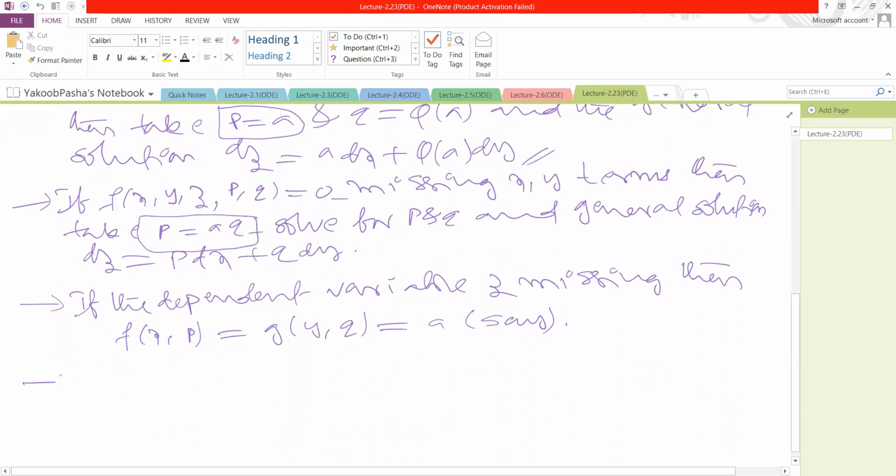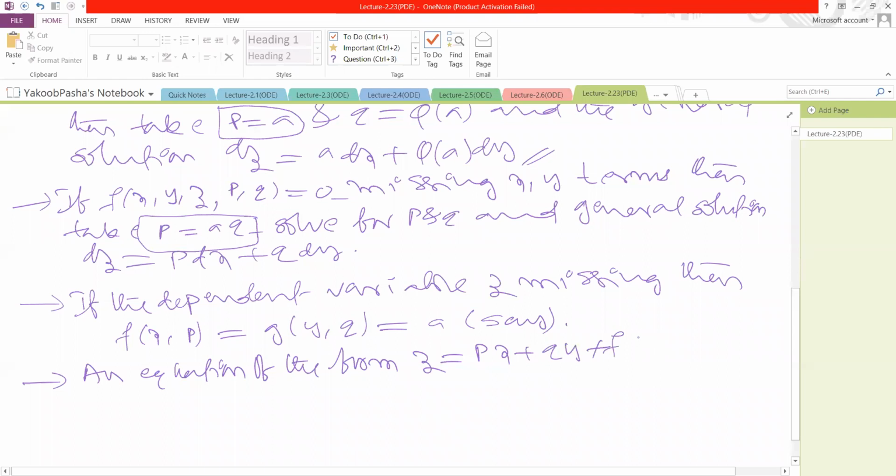Okay. Now, an equation of the form z = px + qy + f(p, q) is called Clairaut's equation.